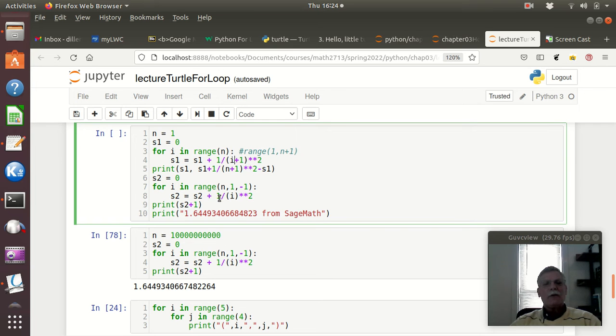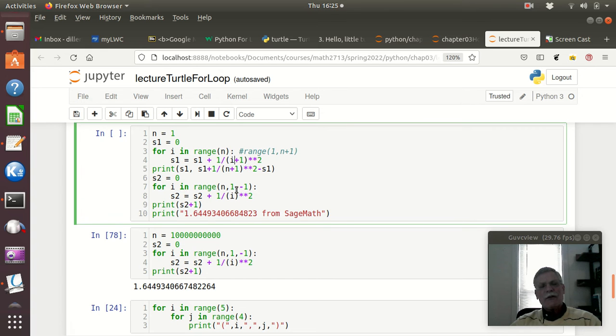Then the next one will be 1 over n minus 1 squared. That'll be the next number. So if n was, say, 5, this would start at 1 over 25, and then it would add 1 over 16 to that, or 1 over 4 squared, and then 1 over 3 squared.